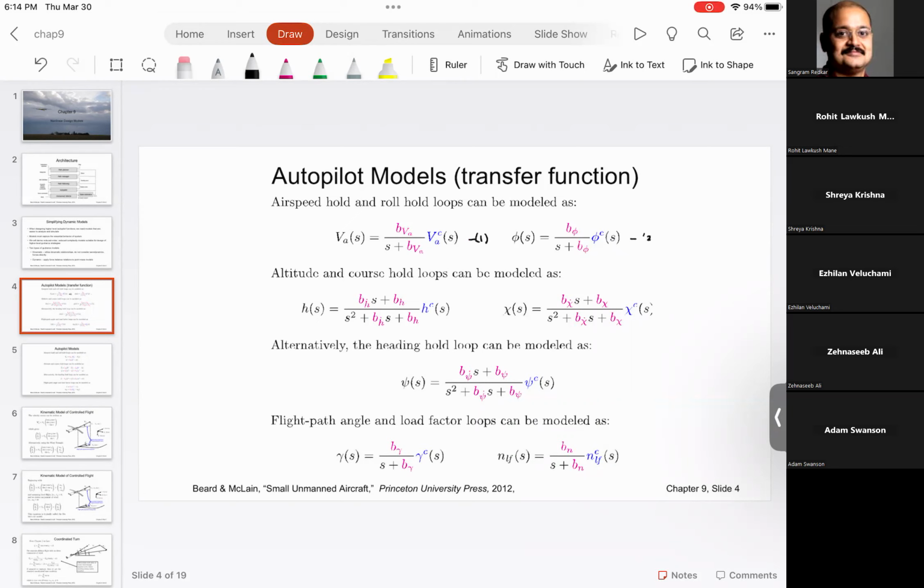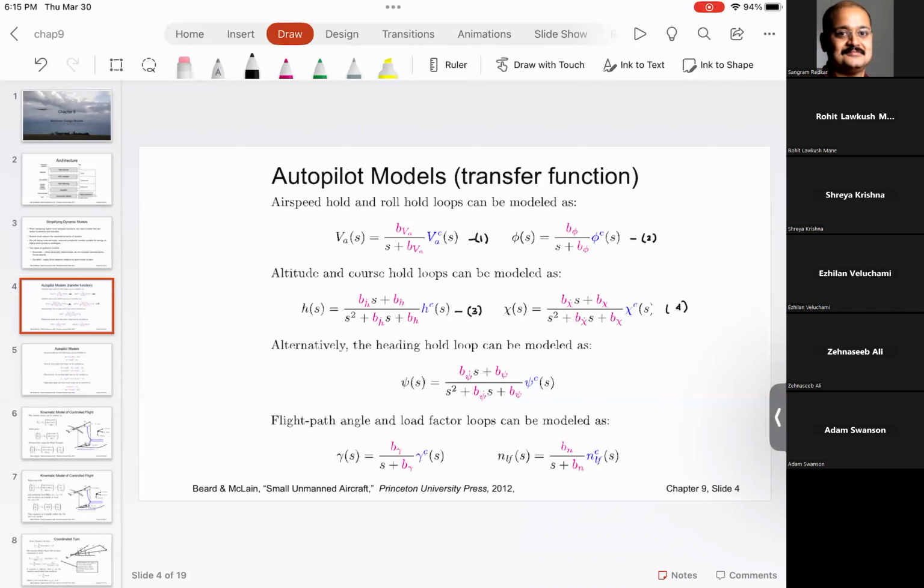The second equation, implemented in the autopilot, is for the roll hold. The third equation is for the altitude, or height, or elevation hold. The fourth equation is the course hold, which is chi, which is heading plus sideslip; the wind gust effect causes chi, which is the course angle.